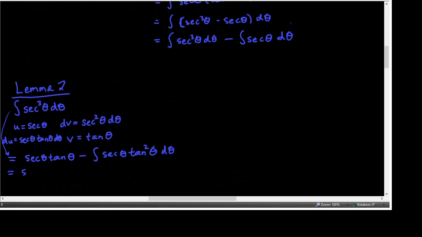And what we're supposed to do in that situation is replace the tangent squared with secant squared theta minus 1.